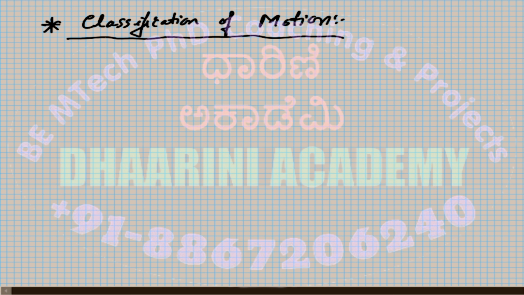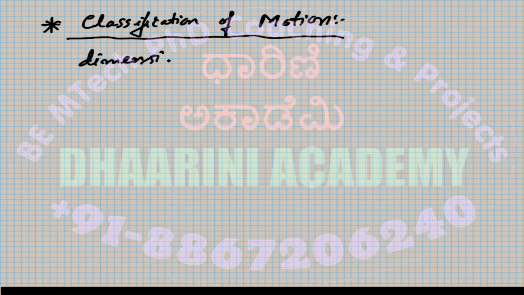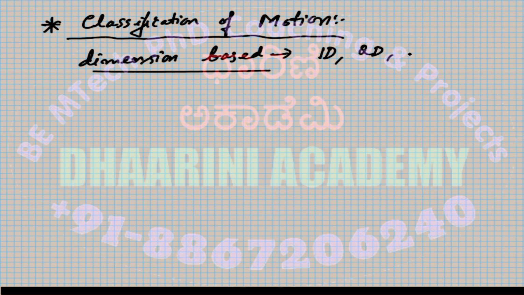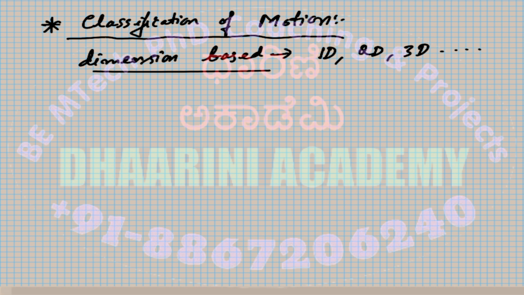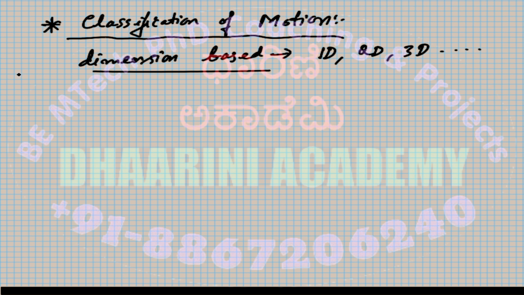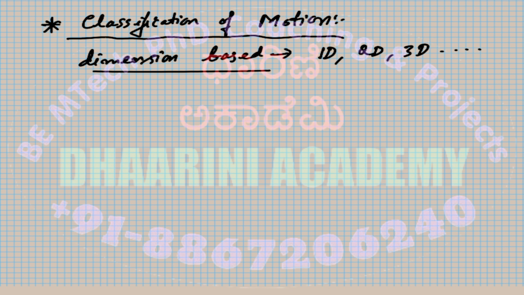If we look at the dimension, based on the dimensions of motion, you can classify as 1D, 2-dimensional, 3-dimensional, etc. Second one is basically based on velocity and acceleration.